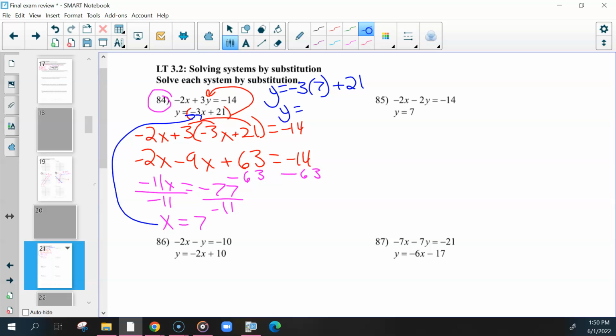I'm sorry, no, this is negative 21, but we're adding 21. And then negative 21 and positive 21 would cancel to become 0. After we have our x and our y, we need to put those together in order, so 7, 0 would be our final answer.